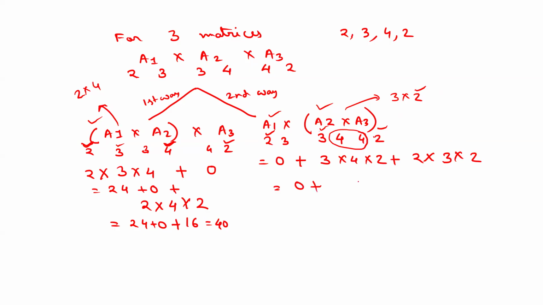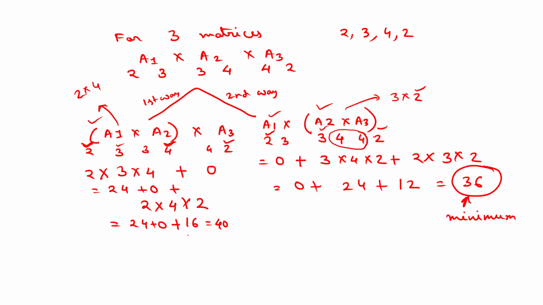Okay. So 0 plus 24 plus 12. That is 36. So this is the minimum between 40 and 36. It is the minimum. Okay.